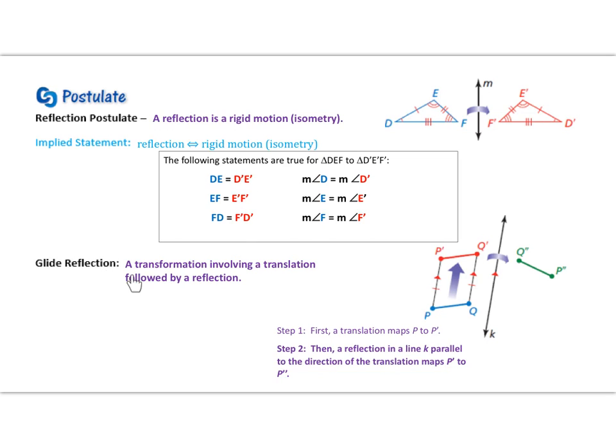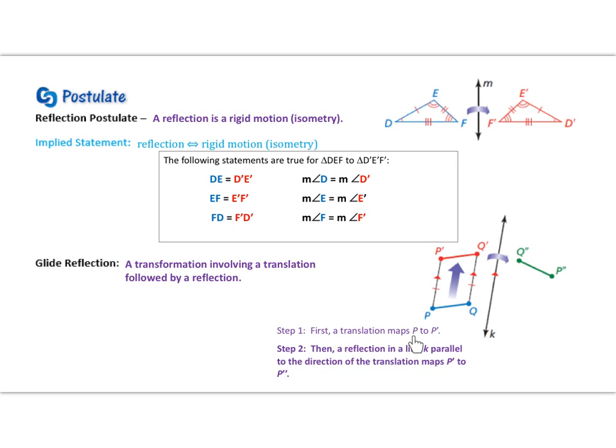A glide reflection is a transformation involving a translation followed by a reflection. Here would be your steps, and here's an illustration. Step 1, first you would translate your pre-image onto an image. So for example, P becomes P prime. So it translated up and to the right. Q also translates up and to the right.